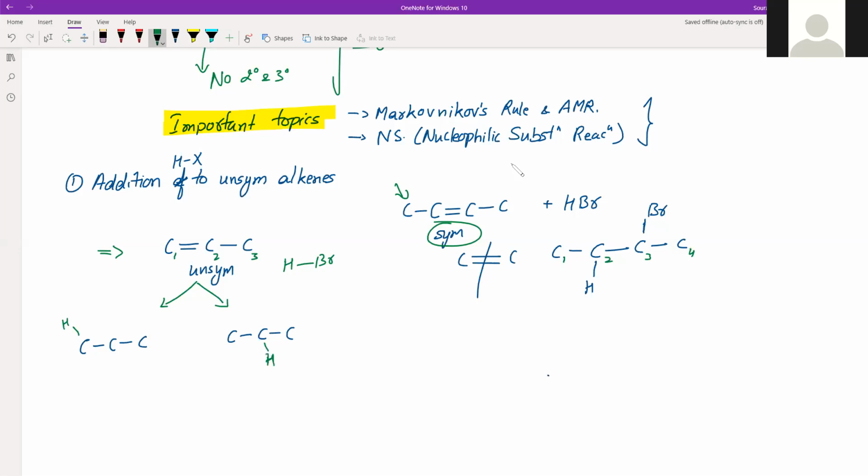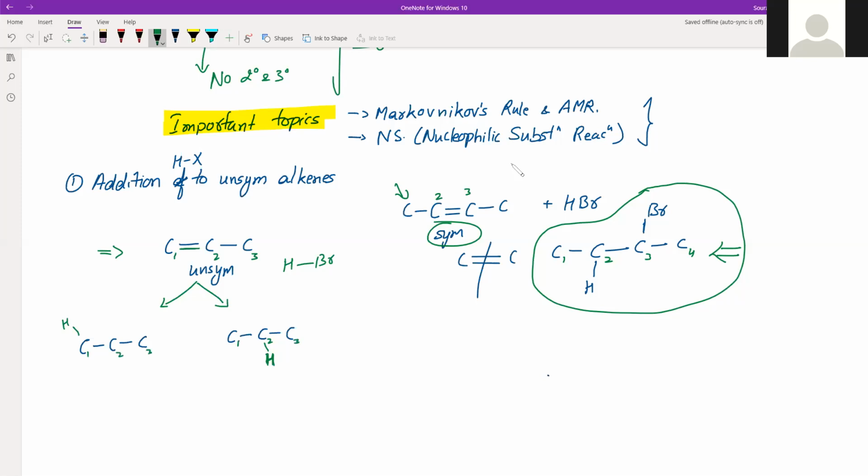Now these two compounds are not the same. In case of symmetrical, if you change the position of H, it doesn't make any difference in the compound. Whether H attaches itself to carbon 2 or carbon 3, it doesn't make any difference. But here if this bond breaks, it has two options, to attach to carbon 1 or to attach itself to carbon 2.